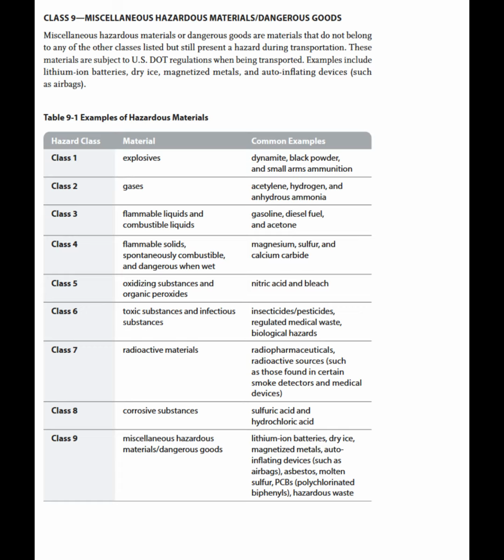Hazard class. Class 9. Materials such as miscellaneous hazardous materials, which are dangerous goods. Example: lithium-ion batteries, dry ice, magnetized metals, auto-inflating devices such as airbags, asbestos, molten sulfur, PCBs, polychlorinated biphenyls, hazardous waste.